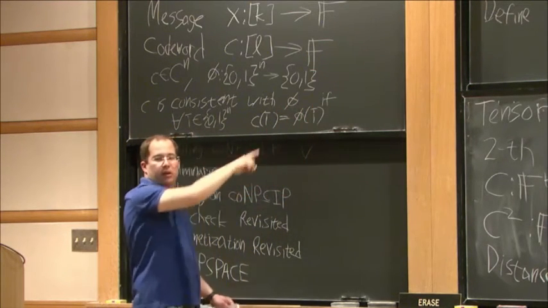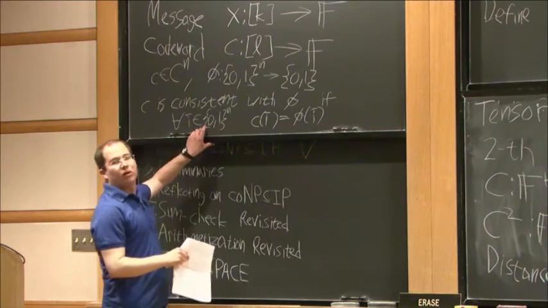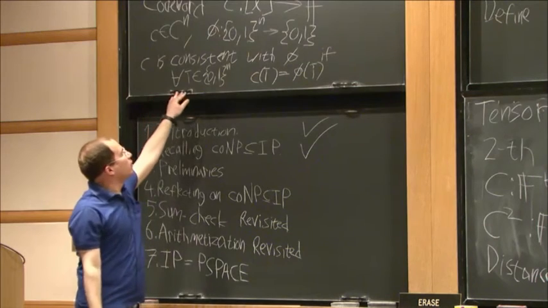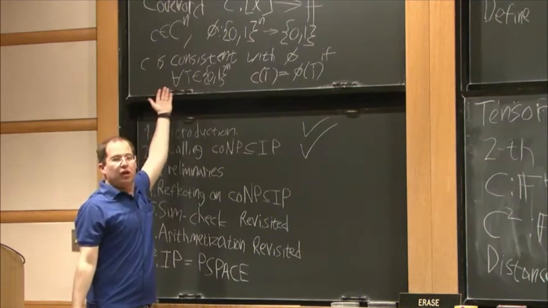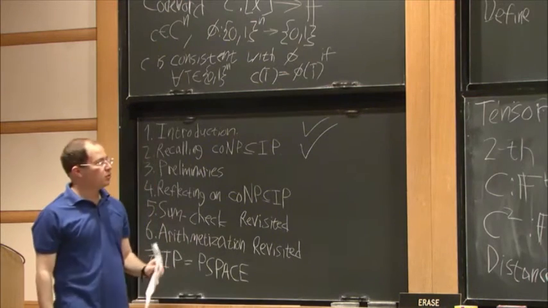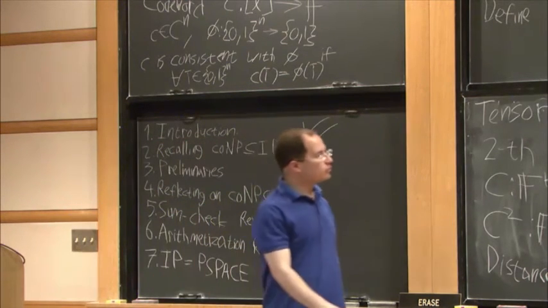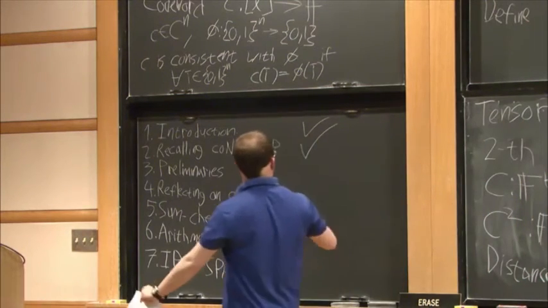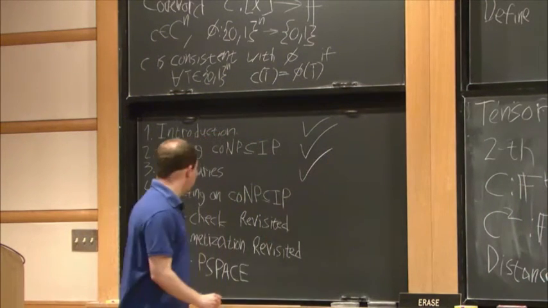Phi of I bar is defined because I bar belongs to 0,1 to the n. And this is, again, a simple definition, but it will also be a key concept in this talk. Okay, this concludes the preliminaries.